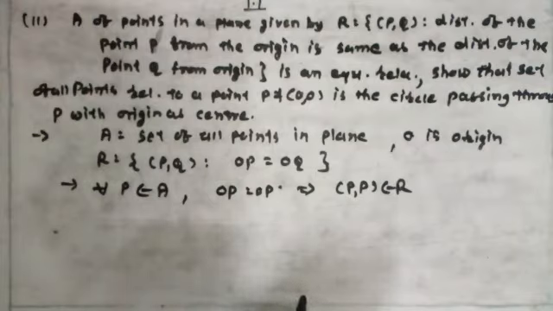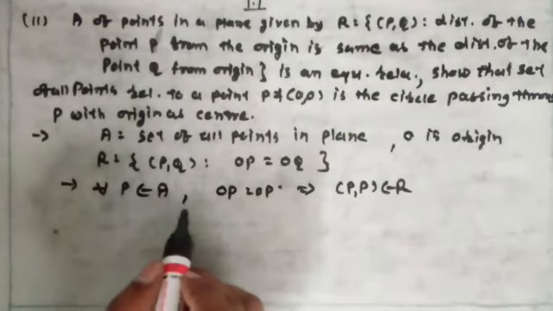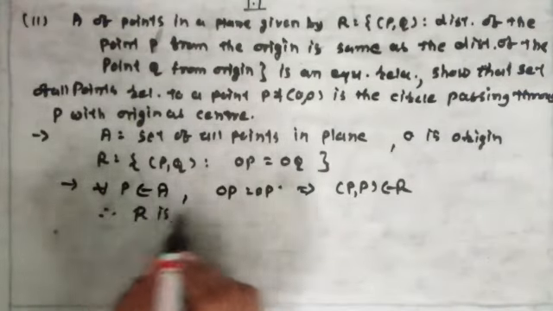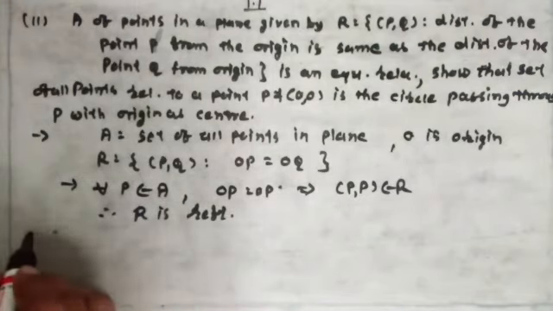That is, for every point P of the given set A, (P, P) belongs to R. Therefore, this relation R is reflexive. Clear?